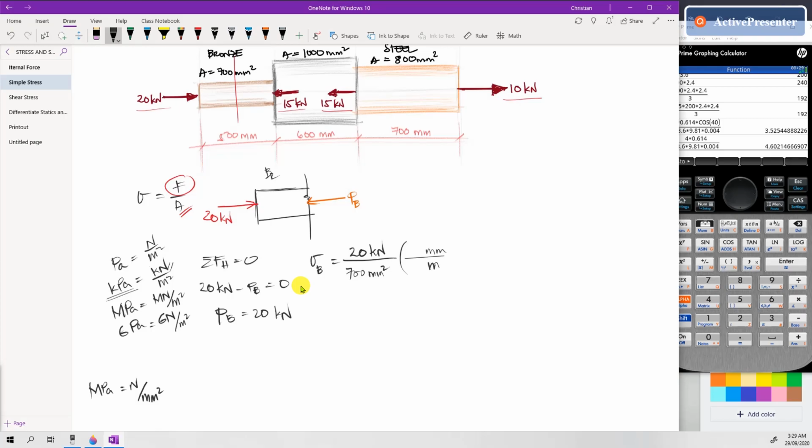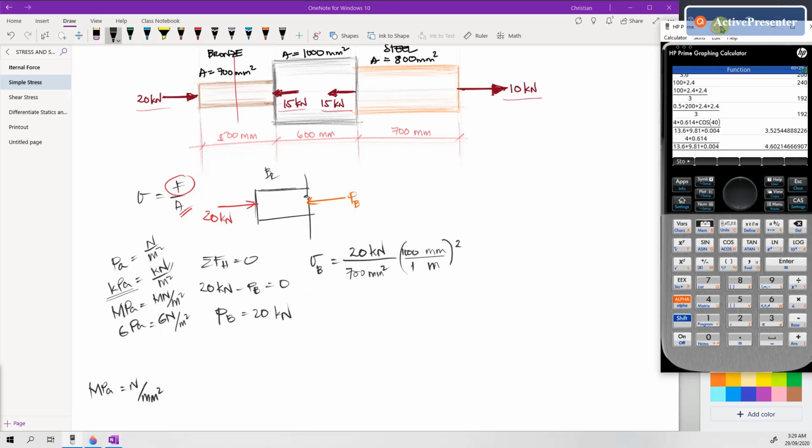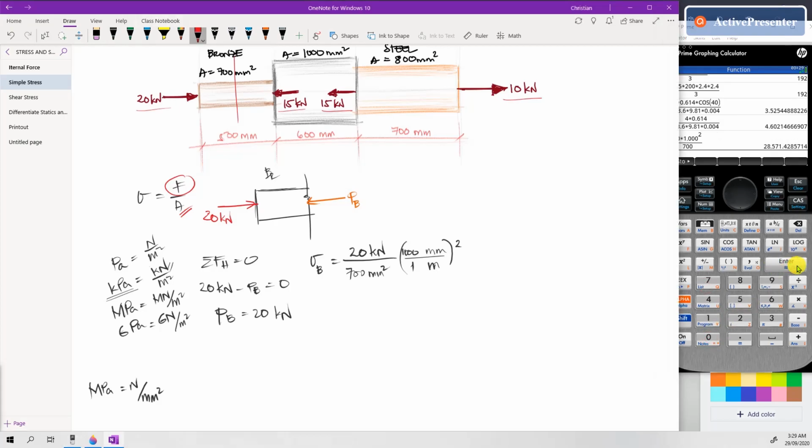And for every 1 meter, meron tayong 1,000 millimeters. Naka-square yung area, so naka-square din dapat tong ating conversion factor. Then, we will have 20 times 1,000 squared, divided by 700. Okay? So, makakancel out tong millimeter squared.